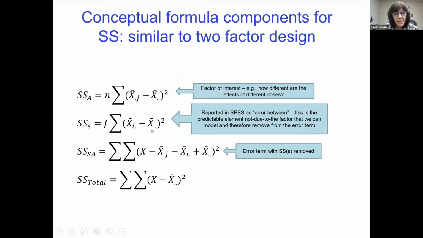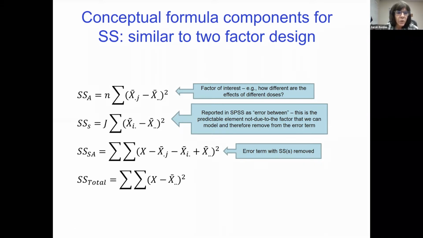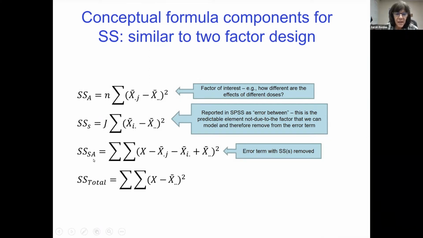The SSS is not used in the F-tests, and it is called error between in SPSS. It's the value removed when you calculate SSSA, and it's the predictable error related to an individual regardless of which level of the factor they're being measured at.